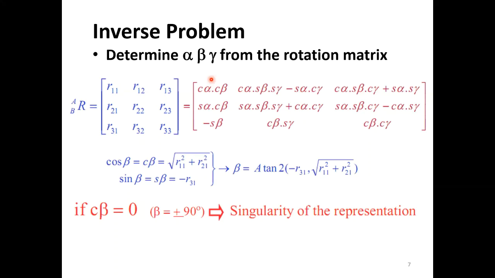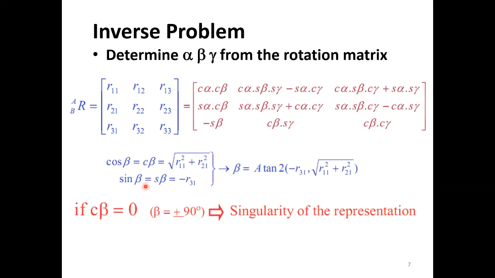Is that cos beta? Yes, it is, because the square here is cos square alpha, and then the square here is sin square alpha. When you add them together, it's 1. So cos beta is the square root of the sum of the squares of these two numbers. And that is cos beta.